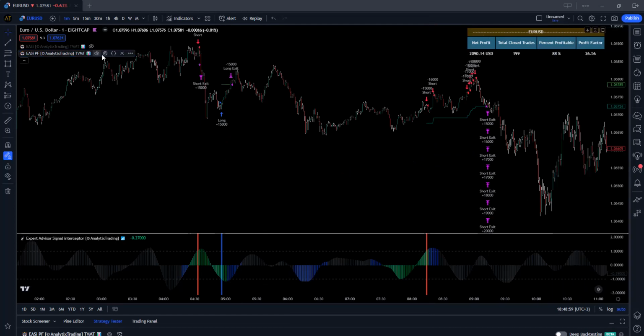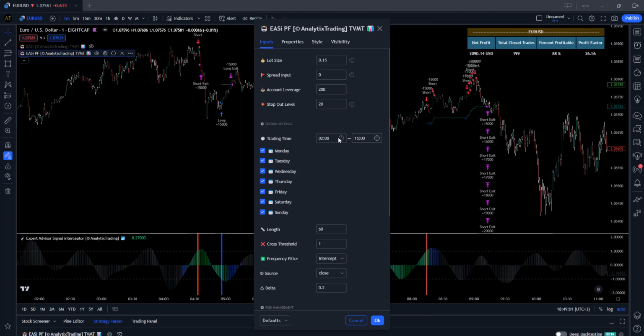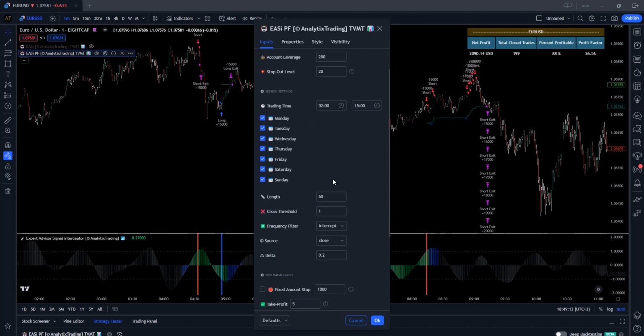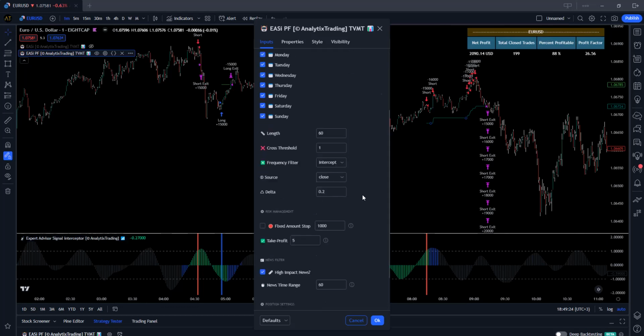That way, when you're taking this into account, it's not the time zone you're in, it's actually the broker's time zone, which is UTC +3. Trading days, very simple. You can select which days you want the signals to populate. This is just the parameters that we found on the indicator, so make sure that we align the ones from the indicator over to the bot.